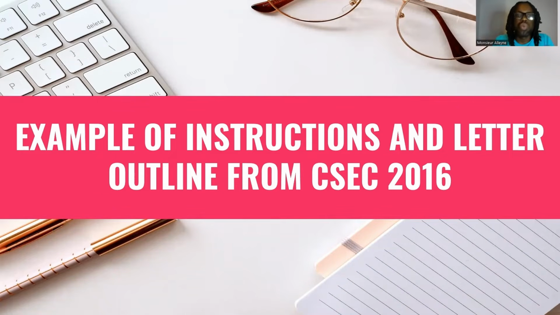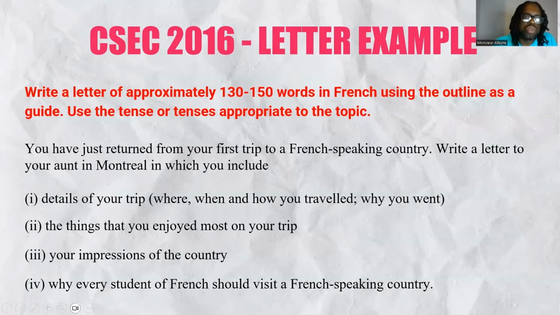So now we are going to look at an example of instructions and a letter outline from CSEC 2016. So we're going to look at a 2016 past paper, and we're going to look at an example of instructions and a letter outline. All right. So this is a letter example.